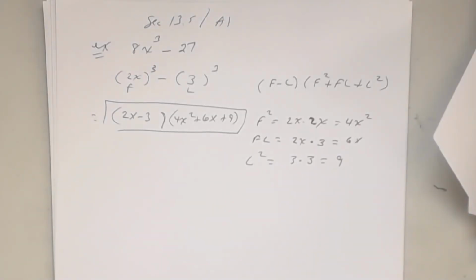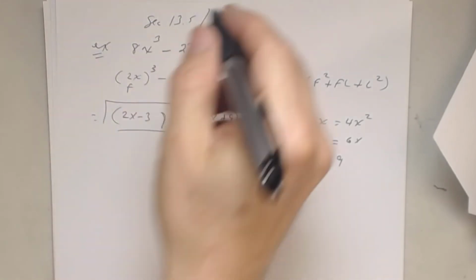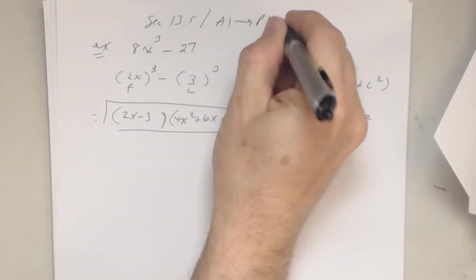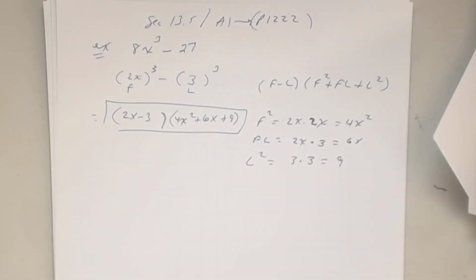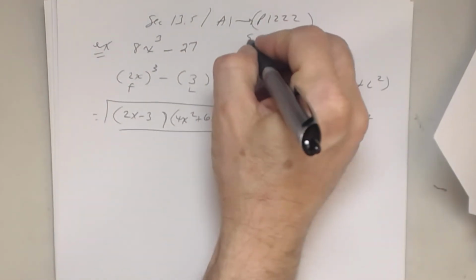So 13.5 is the difference of two squares, and appendix 1 is the sum and difference of two cubes. So A1 is appendix 1. And that starts on page 1222. Yay. So appendix 1 is on page 1222. And that's the one that talks about the sum and difference of two cubes.